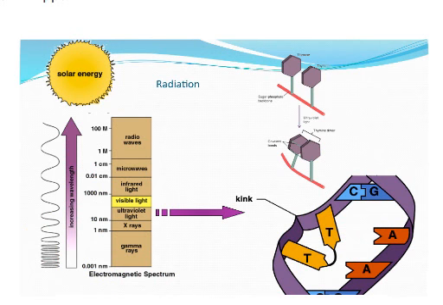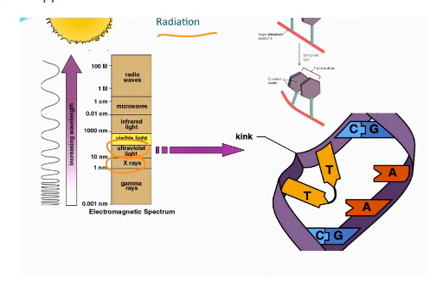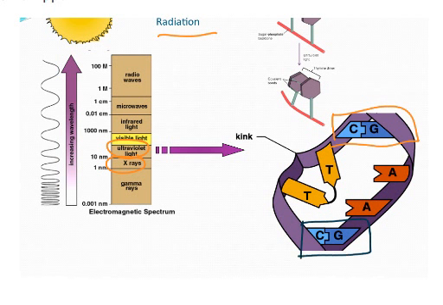A couple more examples on this slide. We had already mentioned X-ray and UV light, which is radiation. So with UV, notice how cytosine pairs with guanine. That's normal. Again, cytosine and guanine, but in this case, the thymine should pair with the adenine, but that doesn't actually happen, and what ends up happening is the 2 thymines pair themselves together.